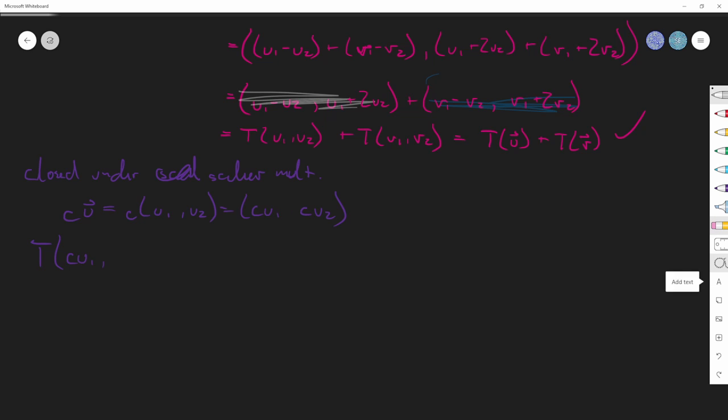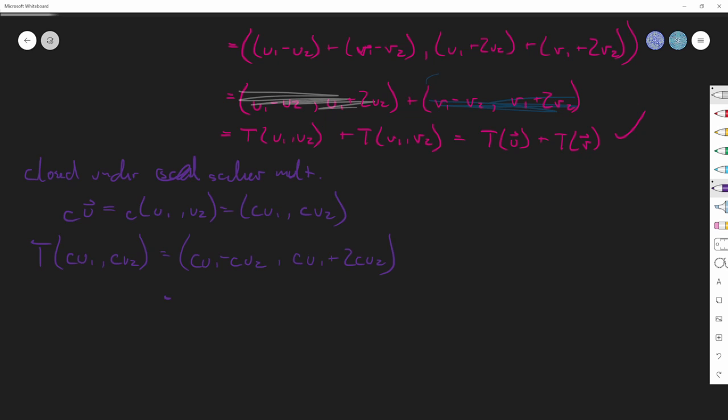It's not a plus, it's a comma. So this is going to be equal to cu1 minus cu2, and then our next point is going to be cu1 plus 2cu2.